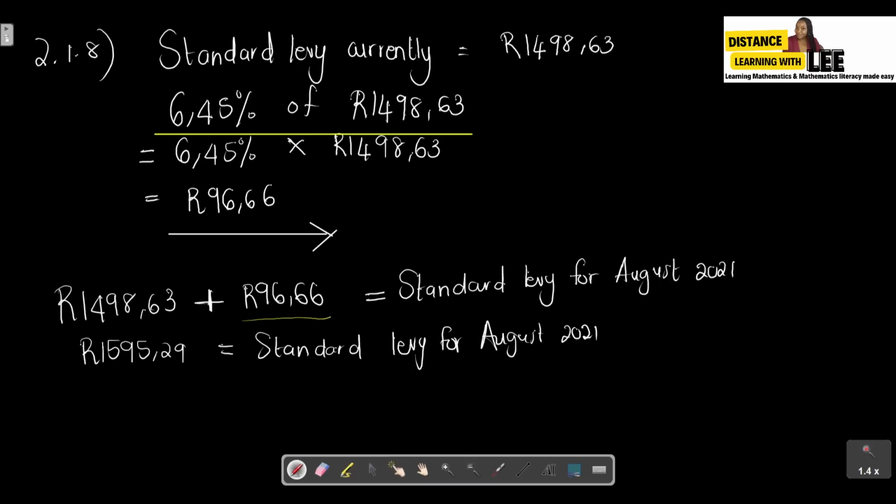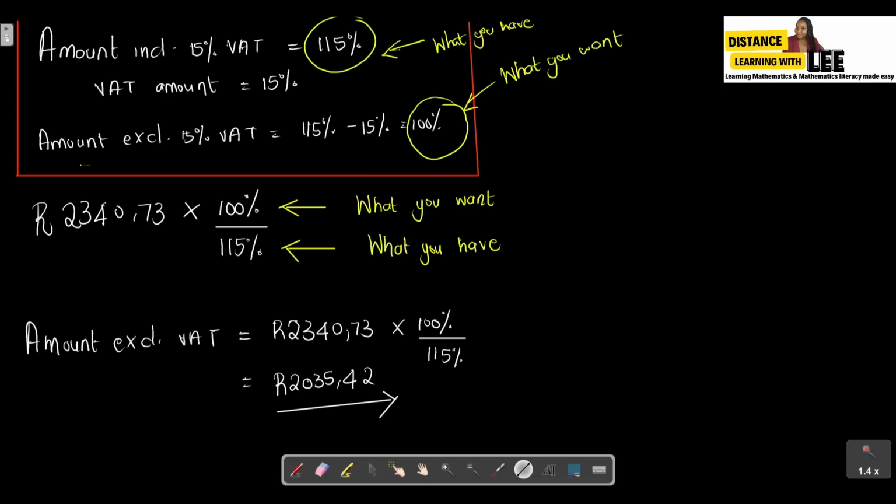So you need to add that to get what the new amount or the increase is going to be for August 2021, right? So that is basically it for the video tutorial.